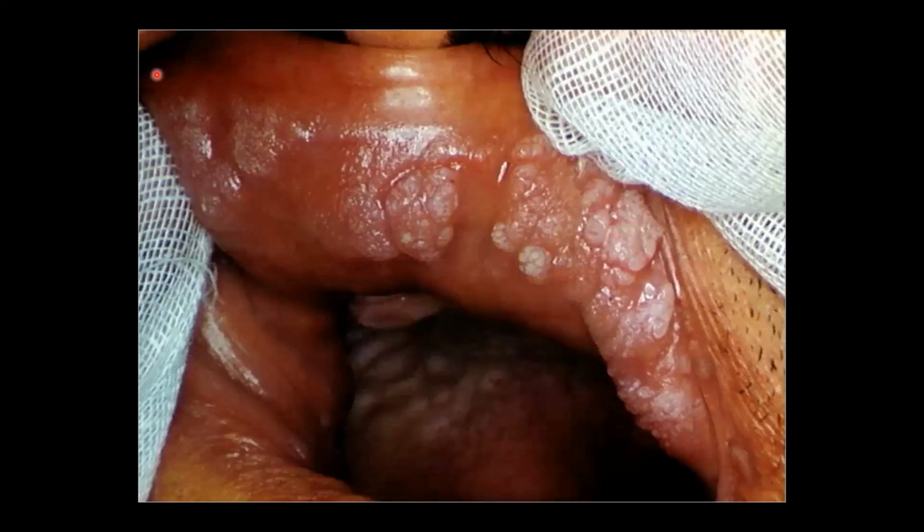Now, there's another condition I didn't put in your syllabus, but I'm going to mention it anyway just because it's interesting. This is a bunch of verrucal papillary lesions. This is condyloma. It is a sexually transmitted HPV.